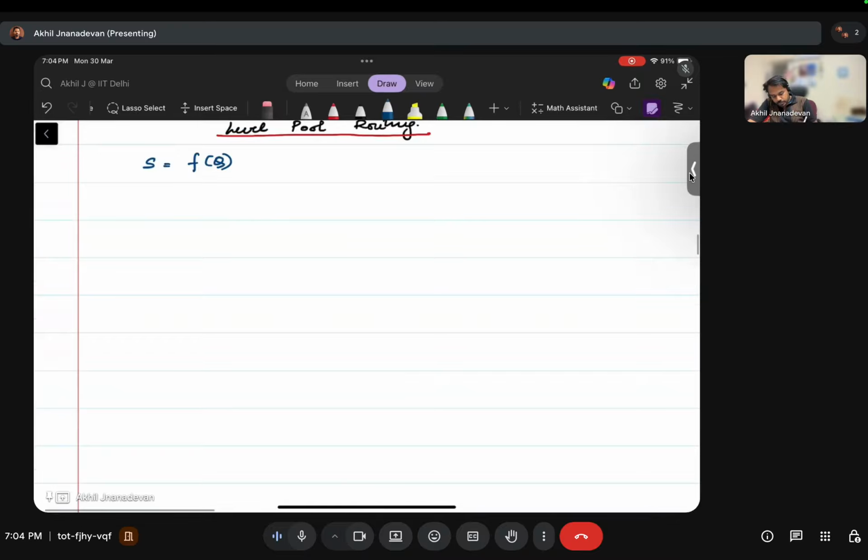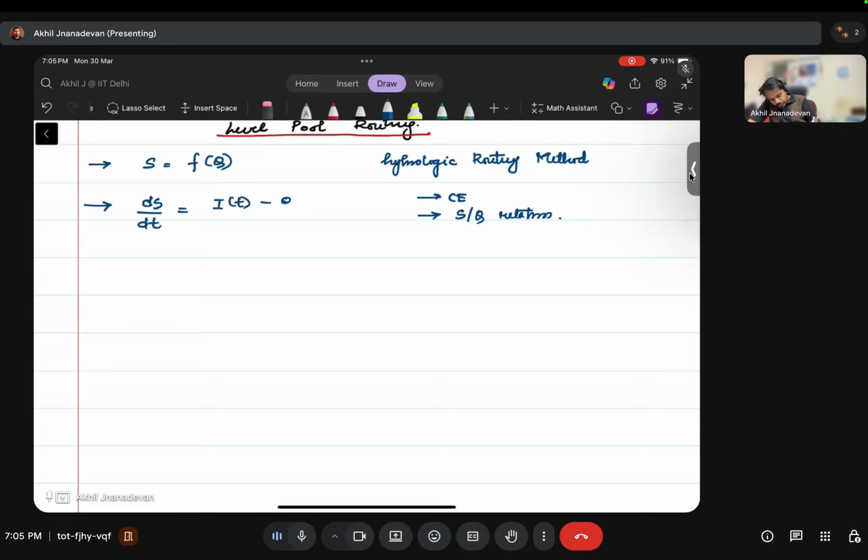Based on these two equations, it is a method, basically not a hydraulic but a hydrologic routing method. For this we have to use a continuity equation, and in addition to that we should have a flow discharge relation. We have this flow discharge relation with us, and also we have the continuity equation ds by dt equal to inflow minus outflow.